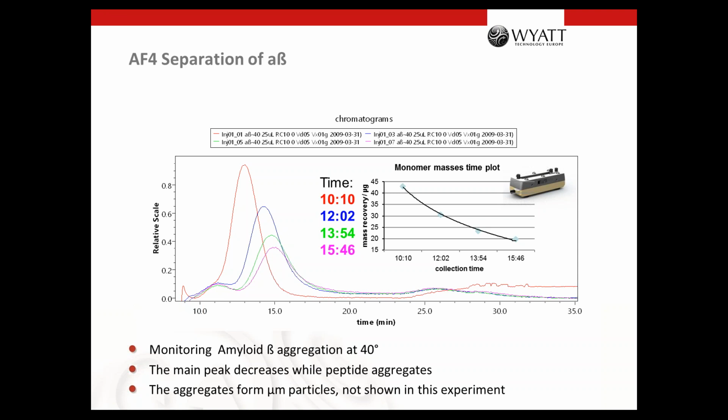Then we have PES membranes, also in 5, 10, and 30. And new in our portfolio is the membrane from Sartorius. They have 2 kilodalton, 5 and 10. For most samples they have the same behavior as the standard regenerated cellulose from Millipore, but for some difficult samples, they behave differently.